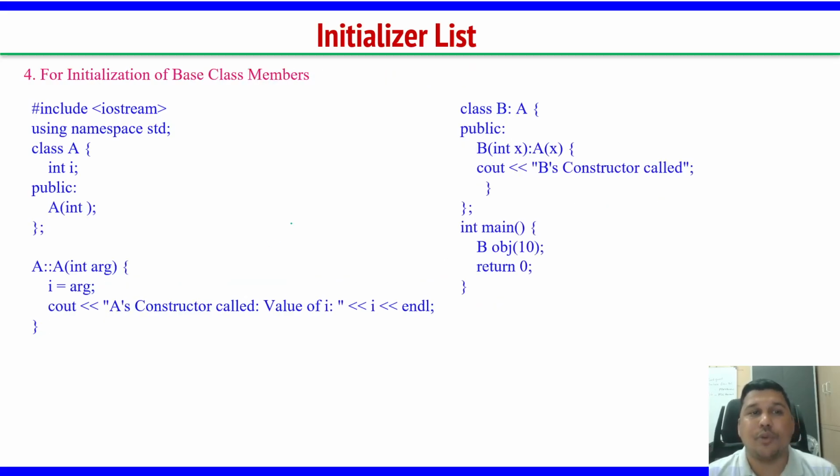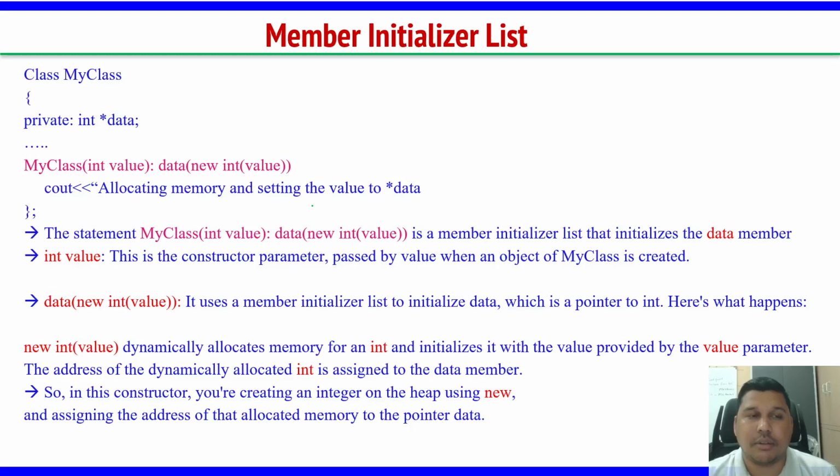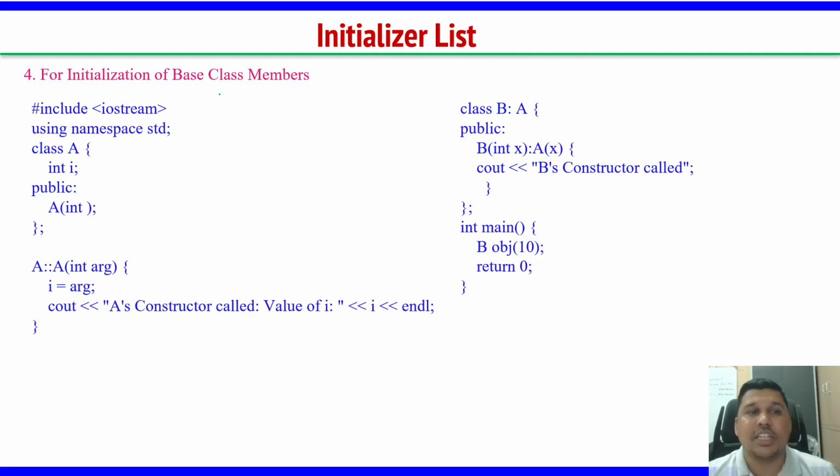Next one, the fourth one, which is again based on the inheritance concept, right? For initialization of base class members. Base class members means there is a parent class, base class or parent class is the same, and a child class also exists, right? So see, class A is there, I have a private variable i and have written a parameterized constructor.